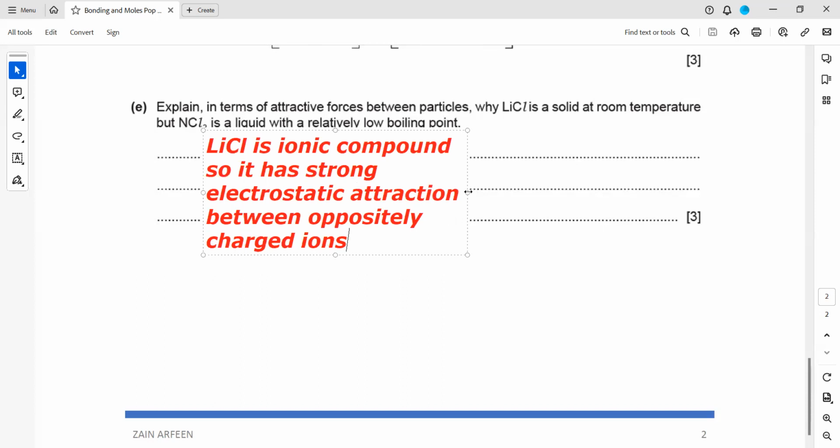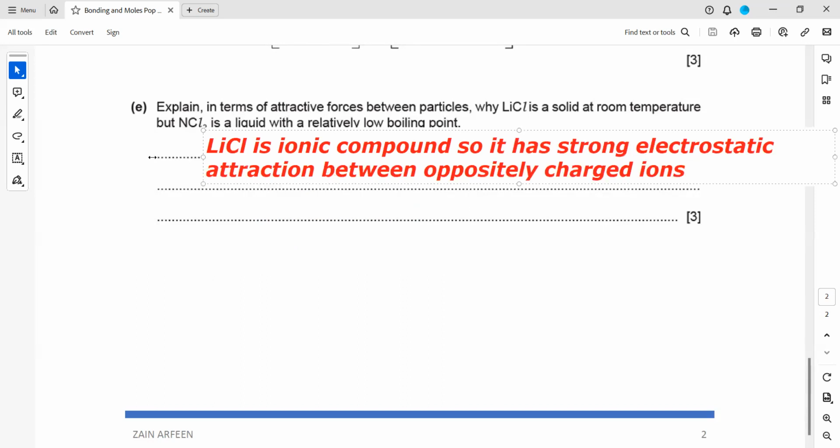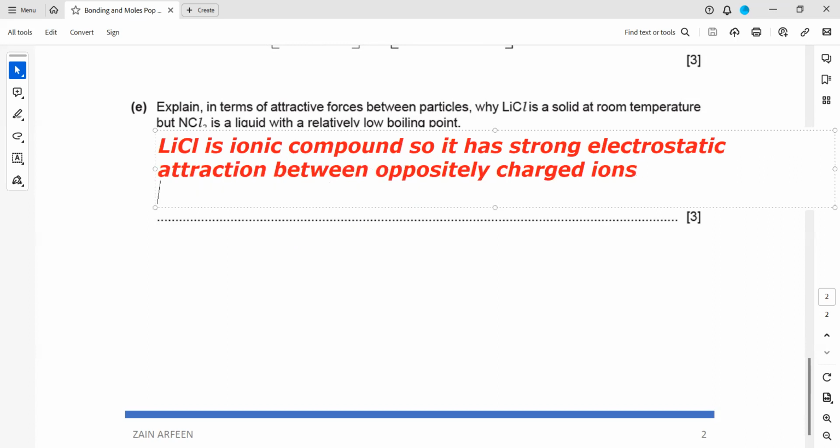Then what about nitrogen trichloride? NCl3 is a simple covalent compound.